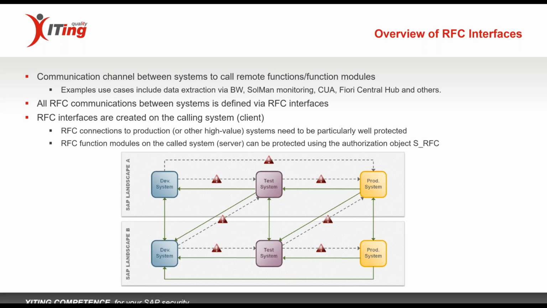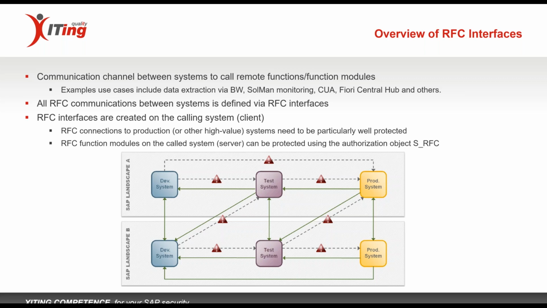And there are a lot of examples for that, which you are always in touch with using SAP. You nearly always have a Solman, where you have Solman monitoring, communicating via RFC. You maybe have a BW system, business warehouse system, where you also always have extraction of data from the so-called child systems to the central system, to the business warehouse systems, also communicating via or extracting data via RFC.